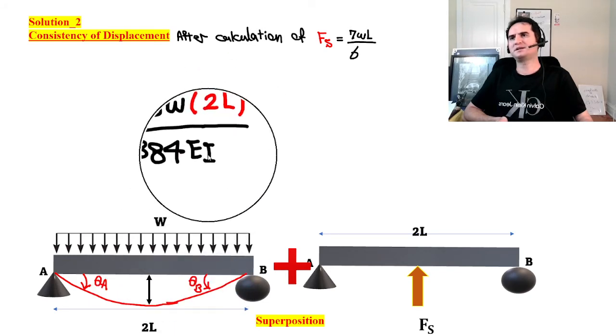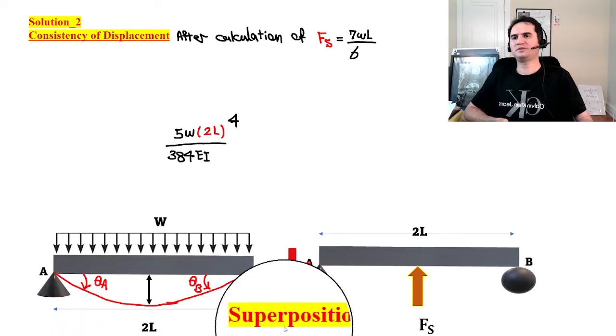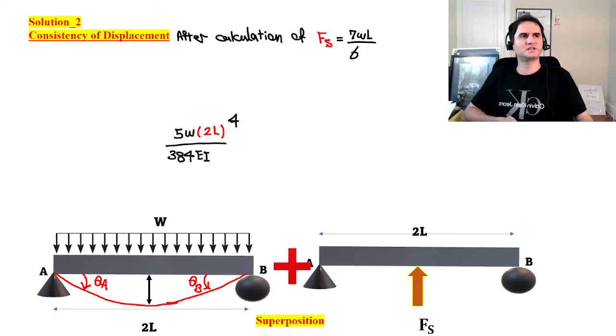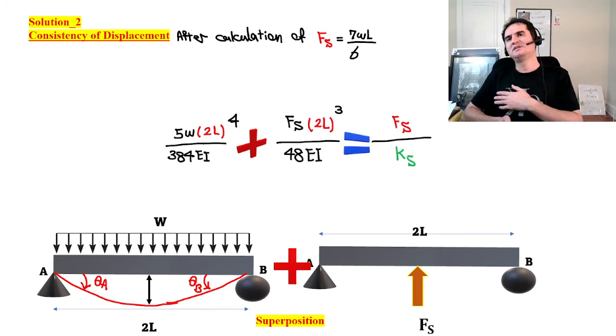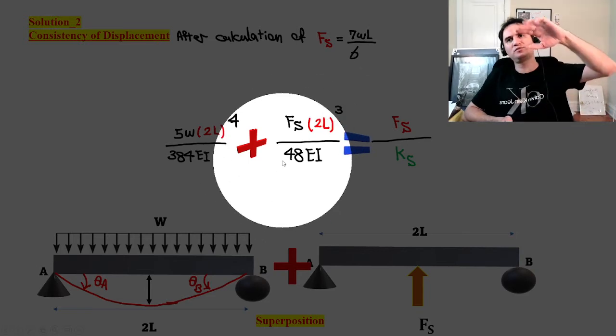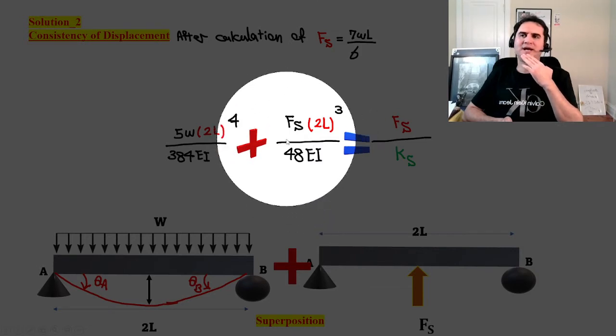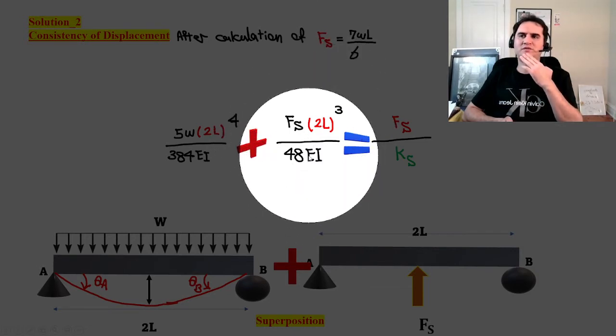So that's the displacement for the first part, and with the superposition method, plus the other one: a two simple support beam with a concentrated load at the center. We also calculated this one. I can provide you with both of those videos if you want to review them. Just consider that a concentrated load, forget about the force of the spring, just a concentrated downward push, and that's PL cubed over 48 EI.